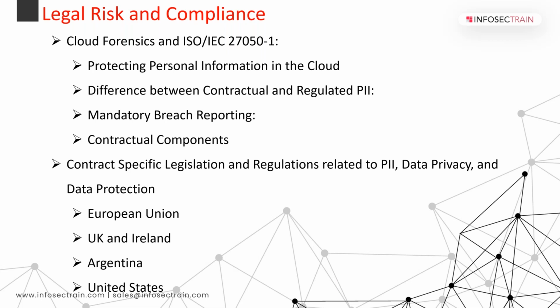Like when you are running your call center in the cloud, that is a contractual PII between a customer and the cloud service provider. But the regulated PII is when it is collected. Say, for example, if you are collecting credit card information, then it comes under a regulated PII. Just an example.